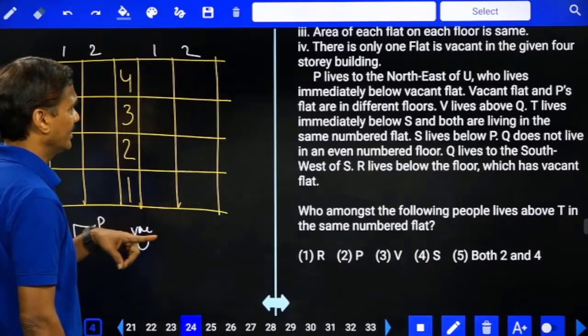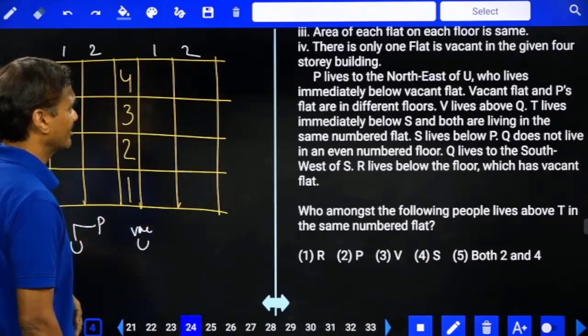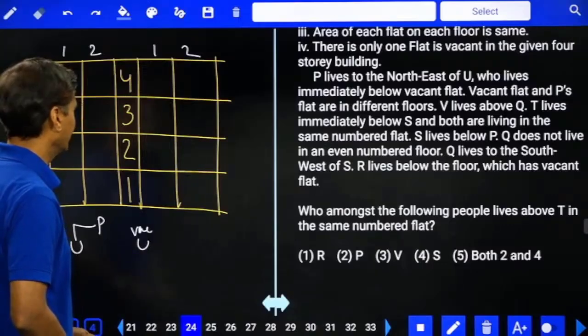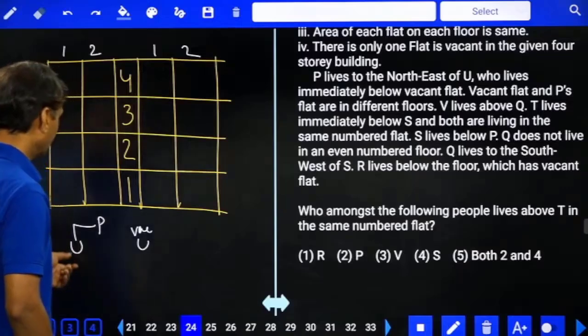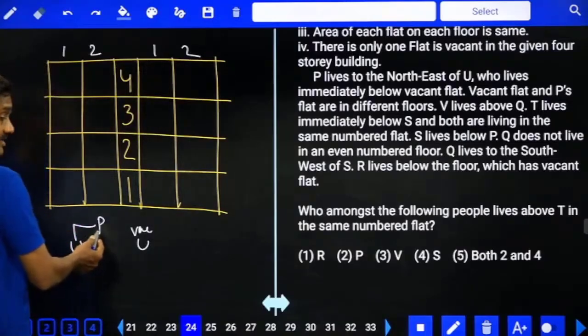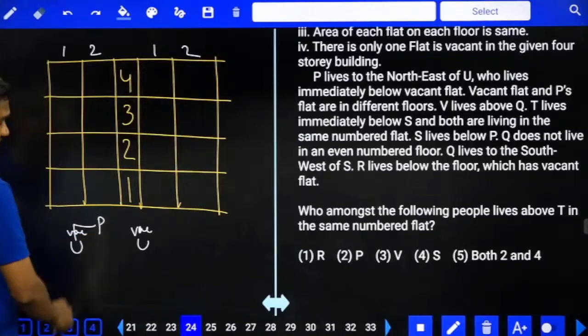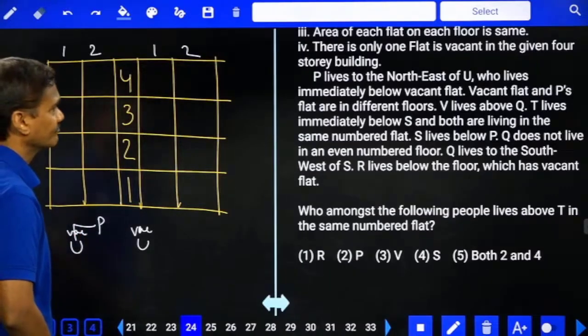And the vacant flat and P's flat are on different floors and there is a P. The next one, U. In between these two there is a vacant flat. Clear? That means the vacant flat must be above U and below P.